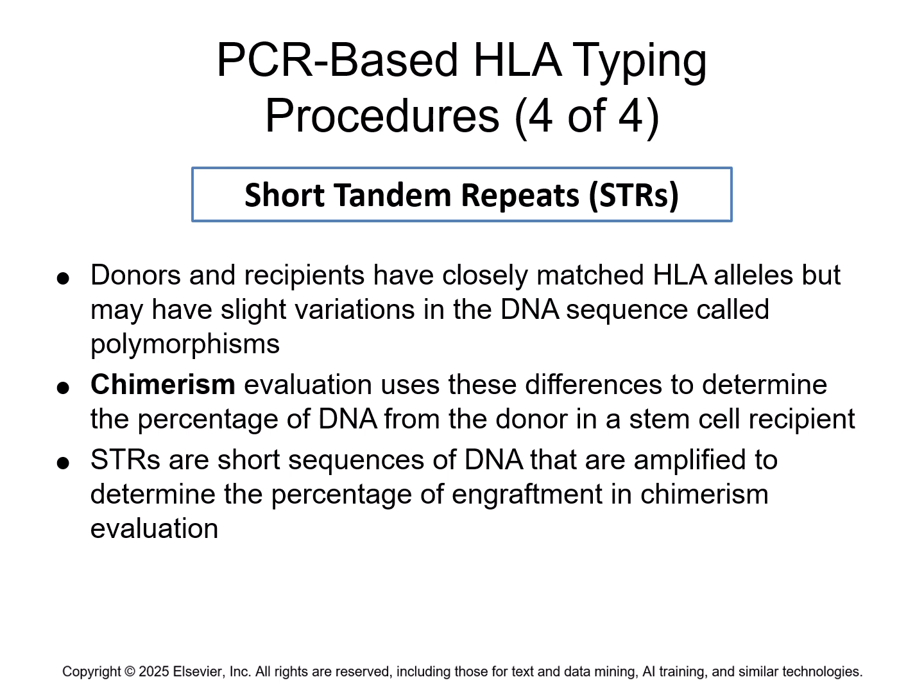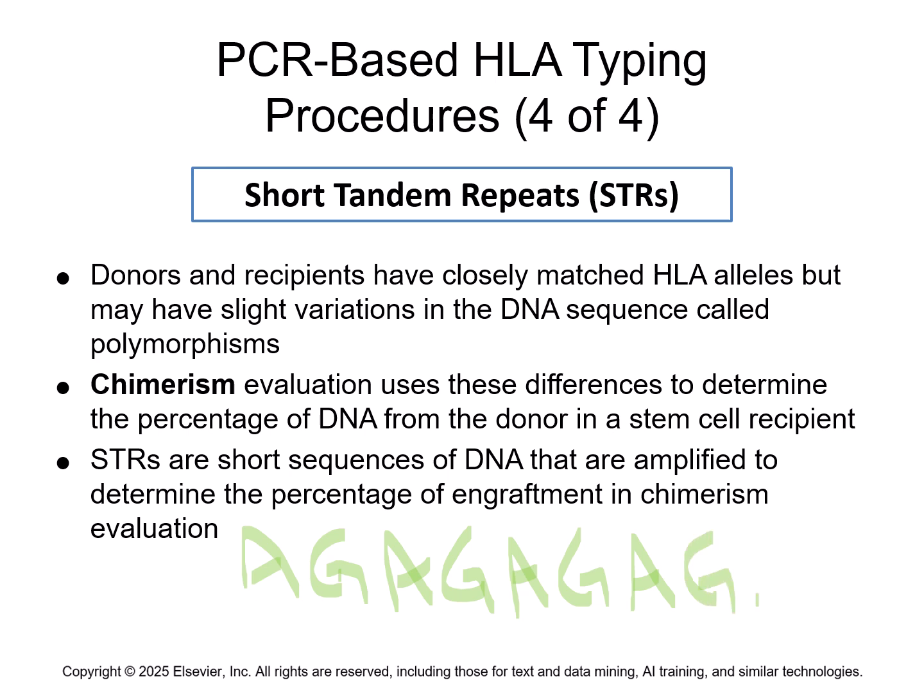And the final PCR-based HLA typing procedure is called short tandem repeats, or STRs. So in your DNA, you have certain locations where you have random repeats of a certain number of nucleotides over and over again. So for an example, you may have AG, AG, AG repeated over and over again.